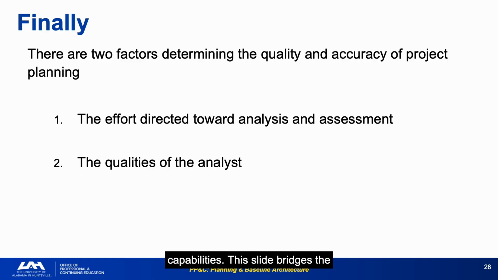This slide bridges the technical content of Modules 2 and 3 to the analyst development theme that runs through the entire course. Technical knowledge is necessary but not sufficient. The analyst's human qualities determine whether that knowledge produces value. The following slides on a good analyst are the synthesis of what I believe makes PP&C professionals effective. This is the distilled wisdom of more than 80 combined years in the field.